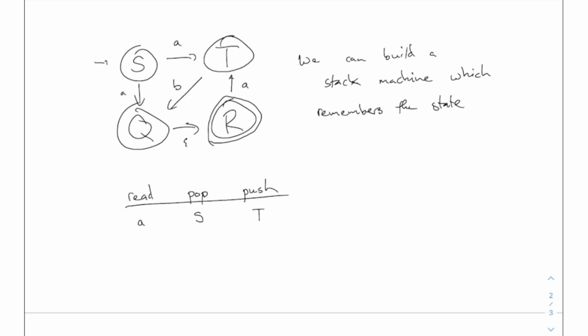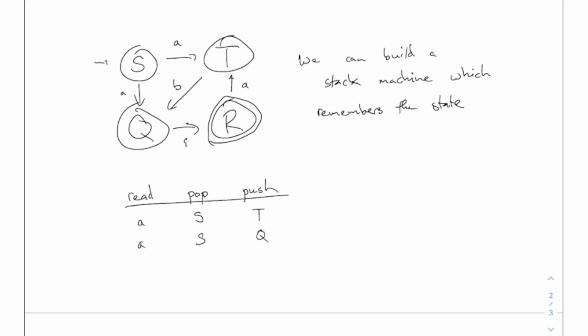And then basically every arrow that you see up there translates into a different stack rule. Now actually this is not the only arrow from S with an A. S on A also goes to Q, so that becomes another rule. Read A, pop S, push Q, right?